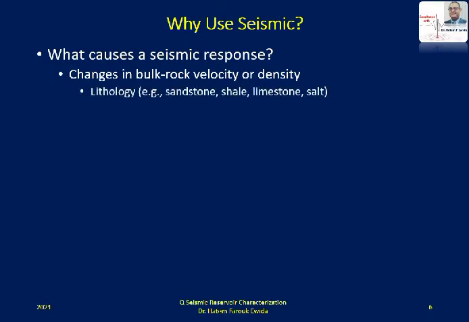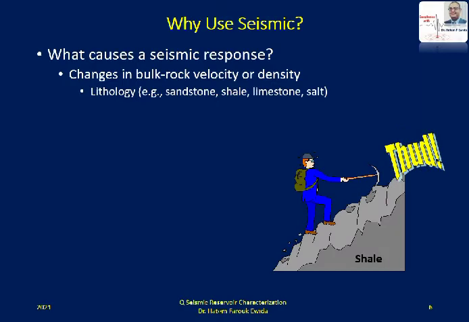So the lithology is one of the reasons. The lithology means what type of rocks do I have? We have sandstone, shale, for example, limestone, or salt. Suppose you use a hammer to hit a shale.